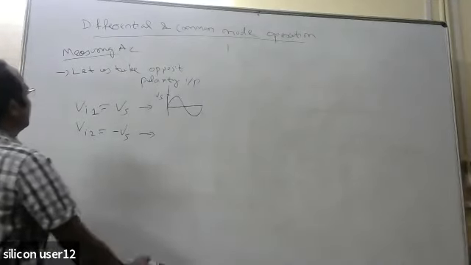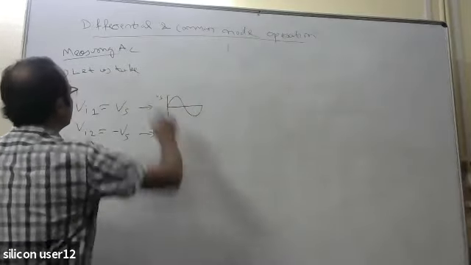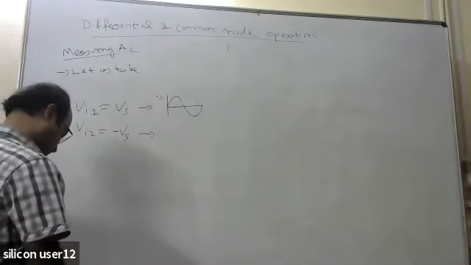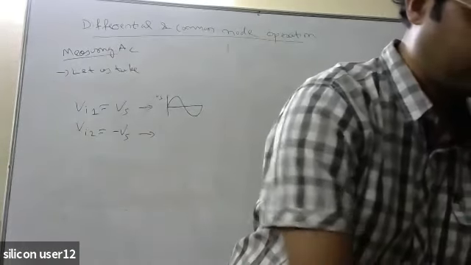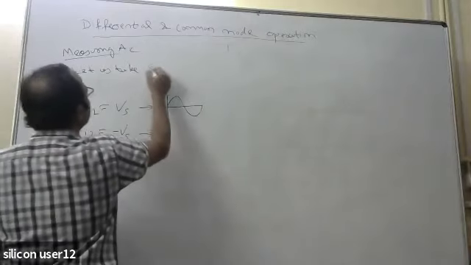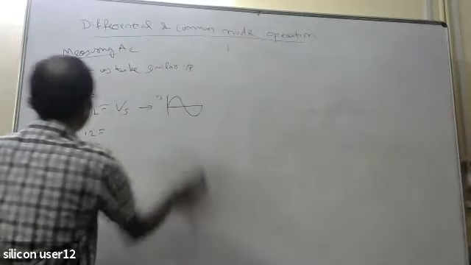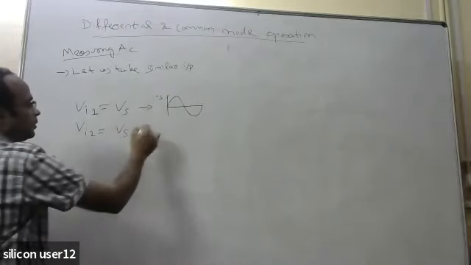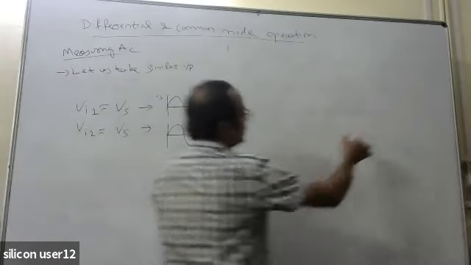Okay, so measuring AC. Let us take a common input. Here you take opposite polarity, and the next one you can take as similar input. So let us say my Vi1 equal to Vs and Vi2 equal to also Vs. That means this is also the same signal I am applying.